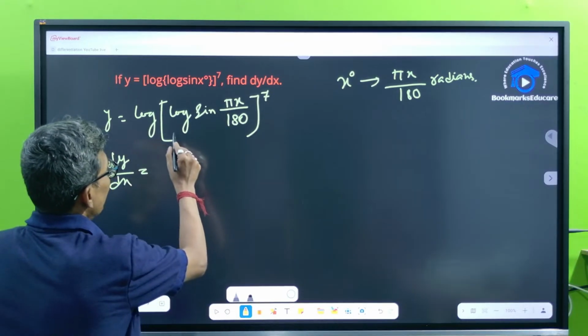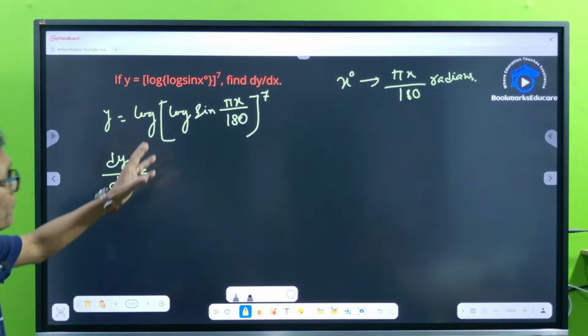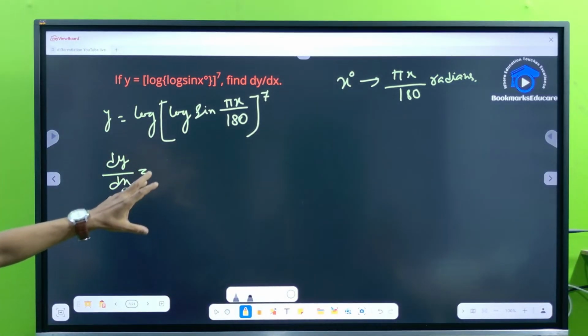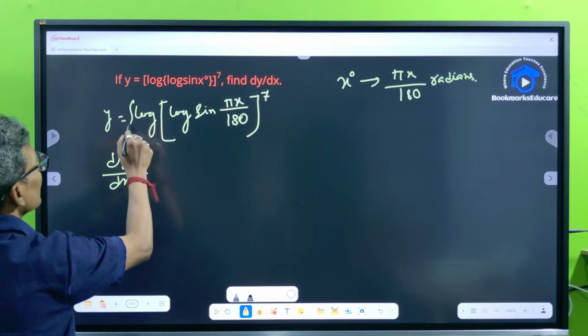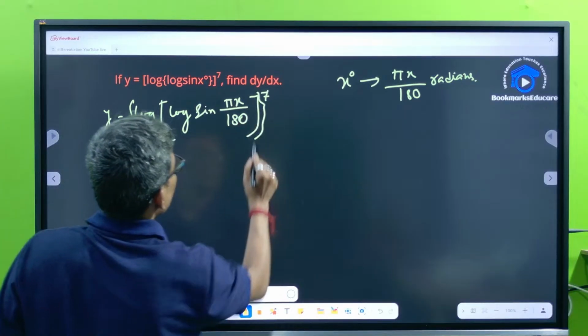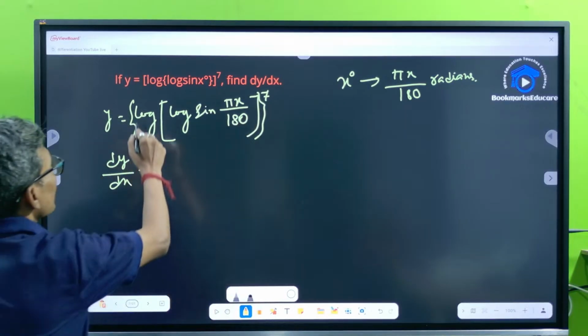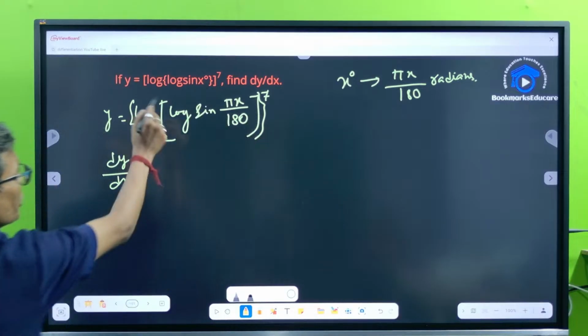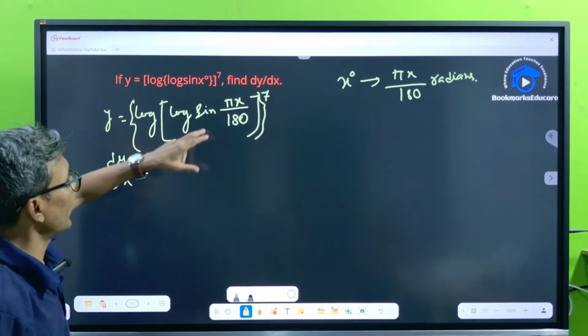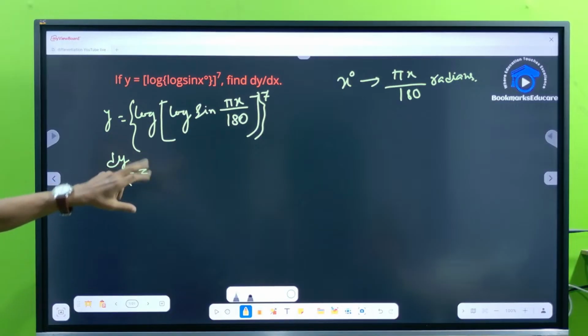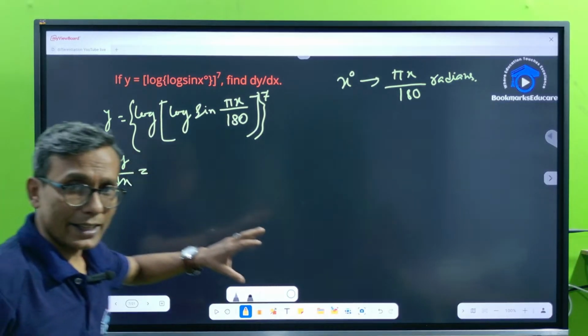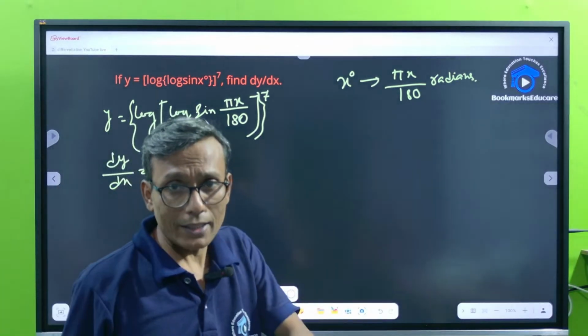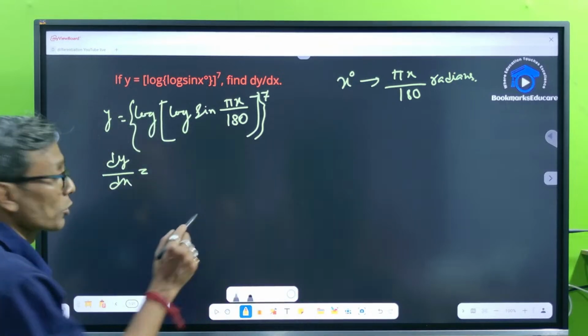So we assume this whole function, log of sine pi x by 180, as x. So x to the power 7.